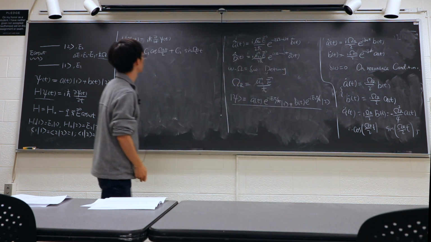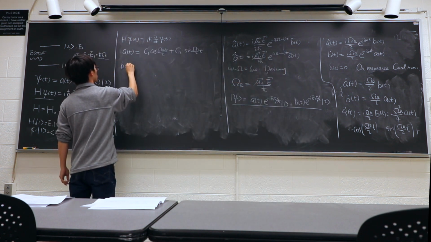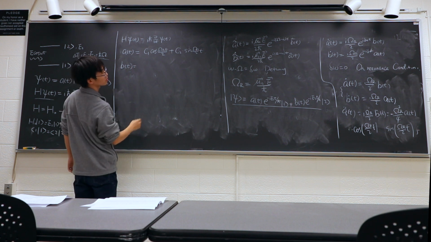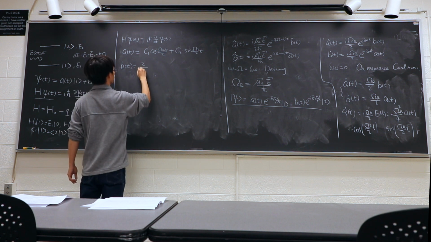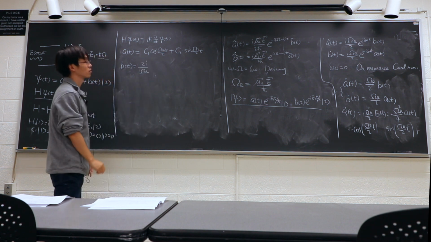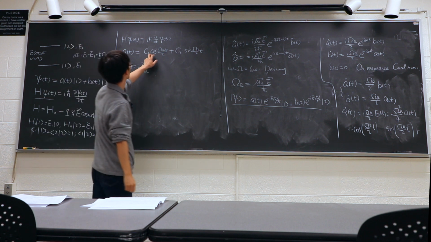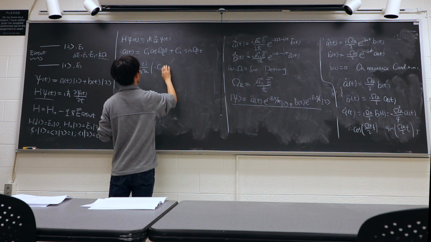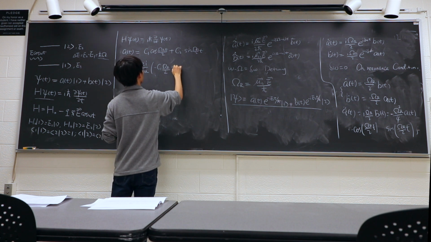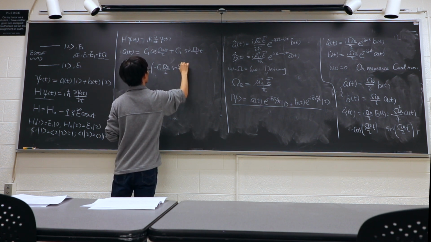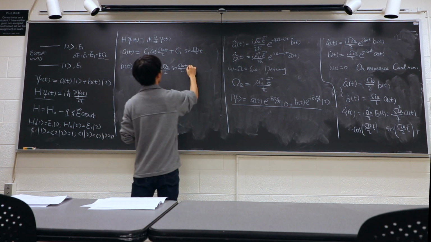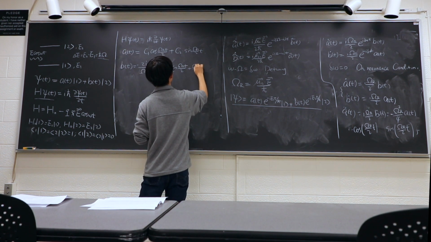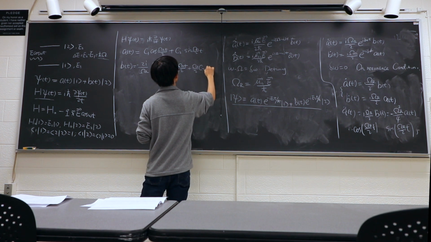Okay, so B(t) equals, moving the i, C2 times i omega R over 2 cosine, and then you do this derivative, you get minus C1 times omega R divided by 2 sine of omega R t over 2, plus C2 cosine.